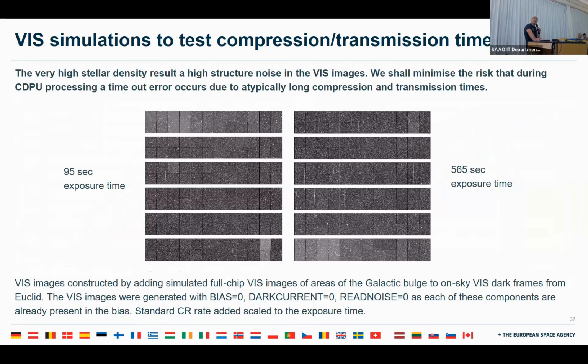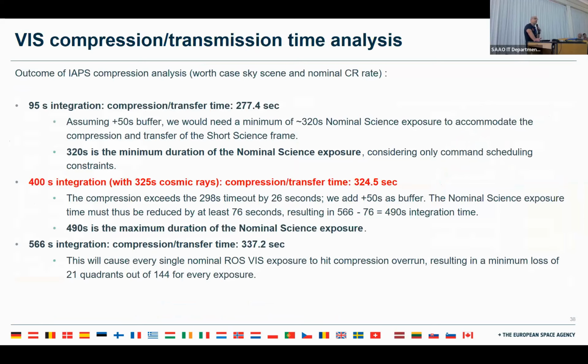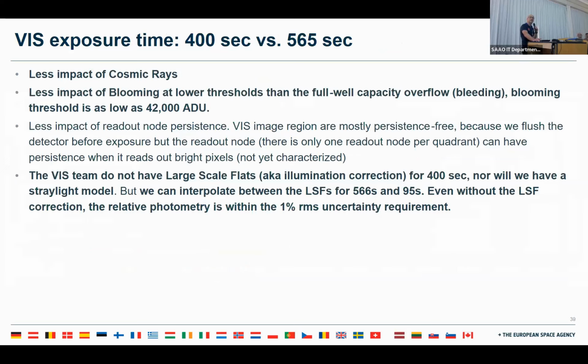These are the VIS simulations which were used for the compressibility test, and it turned out that if you do the standard 566-second observing time, then we cannot fit observations into the commanding scheme we have. So we had to use the 400-second integration time, which is compatible with our commanding scheme, and just by changing a timeout command, we will not have any problem.